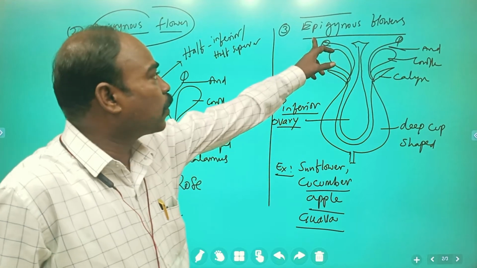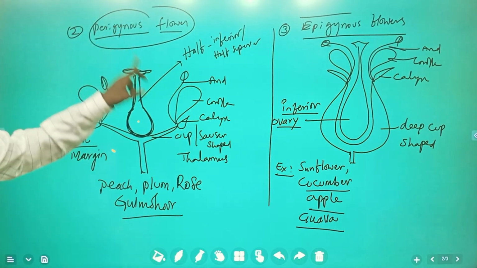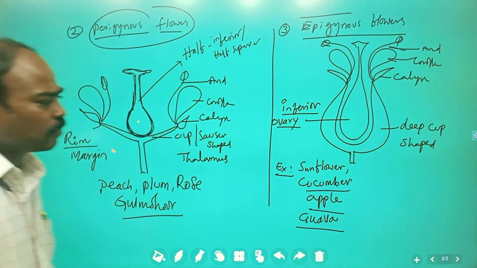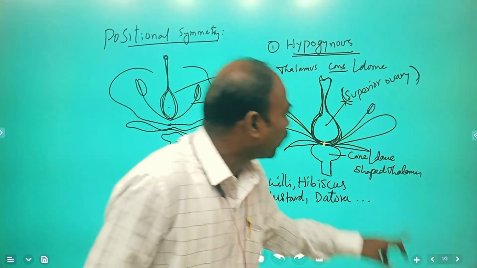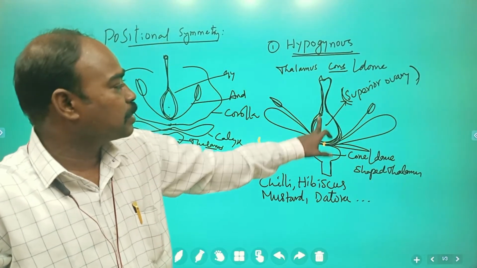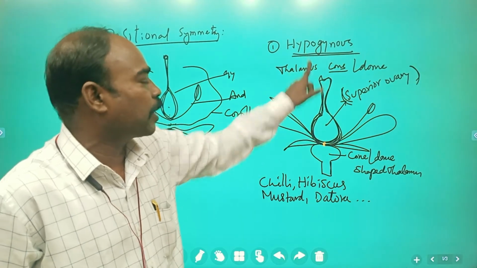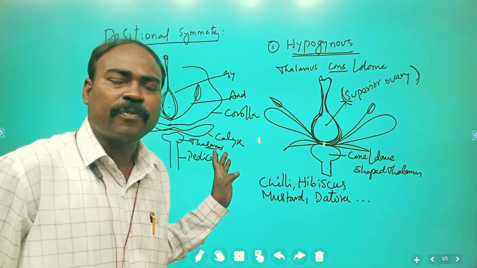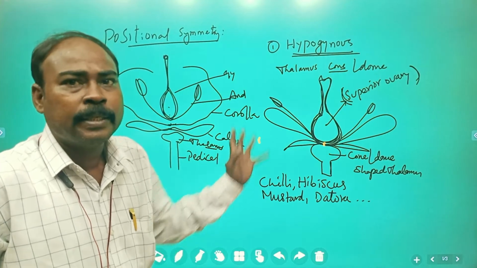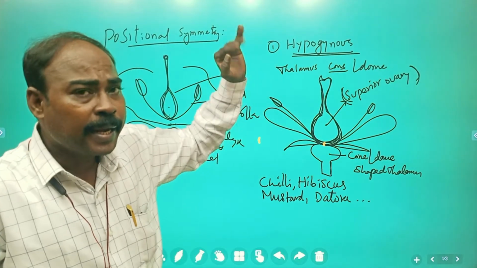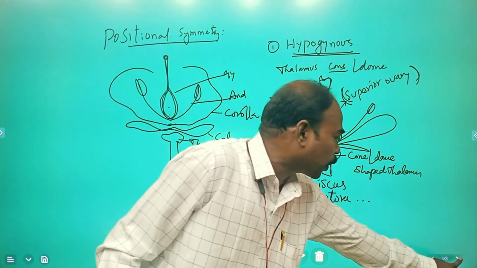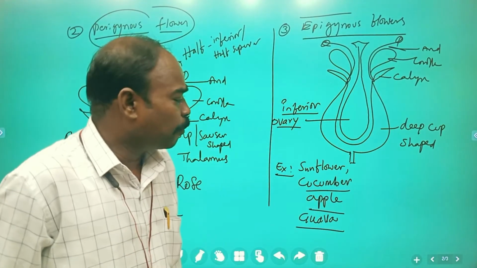So inferior ovary is found in epigynous flowers. In perigynous flowers, half inferior ovary is found. In hypogynous flowers, superior ovary is found. This is very important. Examples are also important.